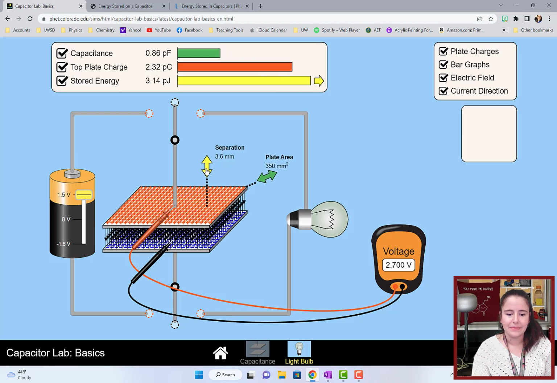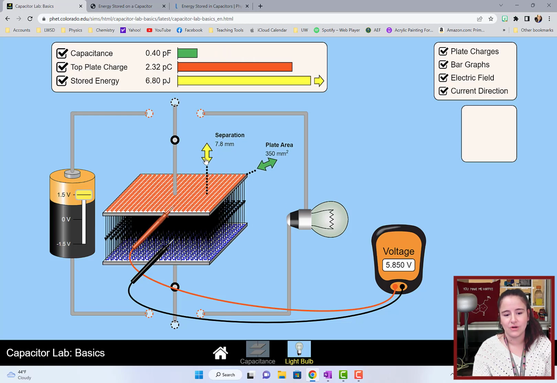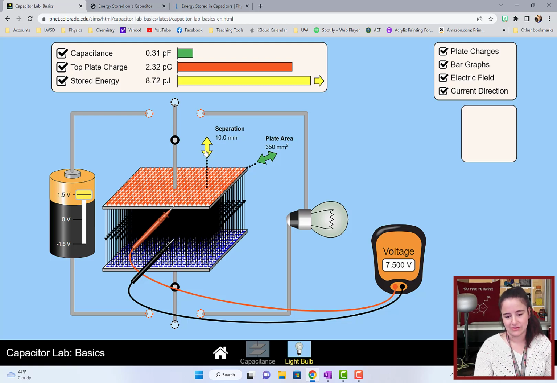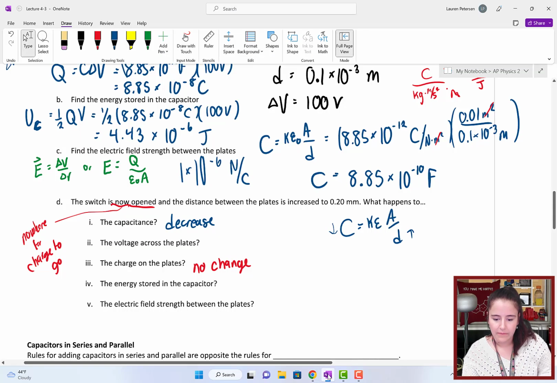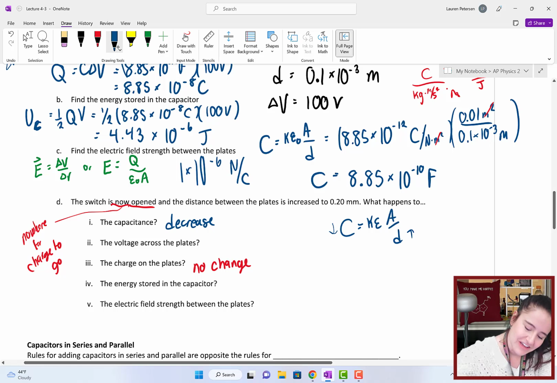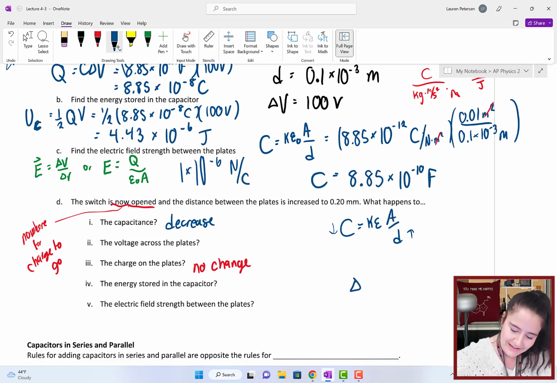As I separate the plates, we see that the stored energy goes up, but the capacitance goes down. Capacitance is how good it is at storing for the volt. So you'll have less charge for that voltage, but you'll have more voltage there. Exactly, the voltage across the plates. That comes from delta V equals Q over C.